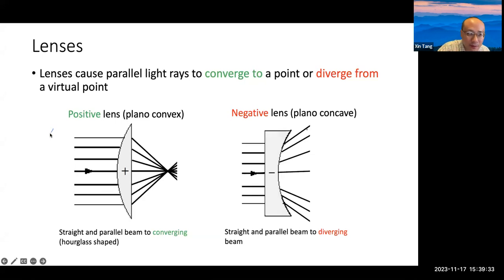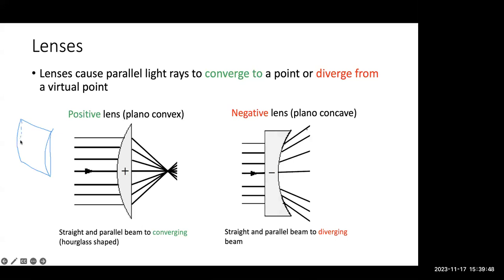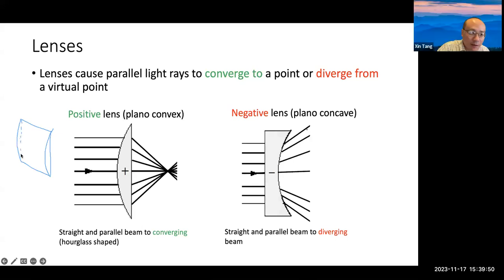Let me show you one example, then it's very clear. If you have a lens like this, do you guys see my drawing? Yeah. So you see, if it's a spherical lens, then it looks like this. Spherical, but here it is more curved, right?